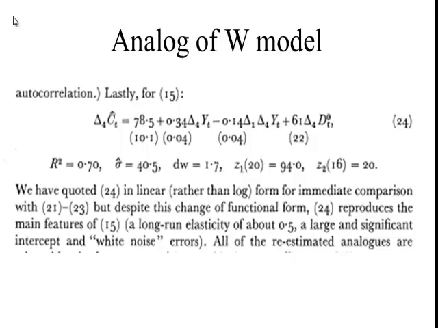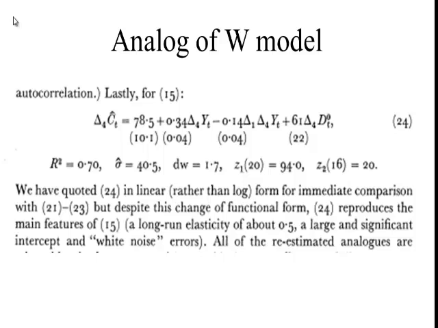Now, I can take this Ct minus 4 to the other side. So if I run this regression on Ct with Ct minus 4 as a regressor, then 24 is saying that it will have a coefficient of 1. So that's called a restricted model.